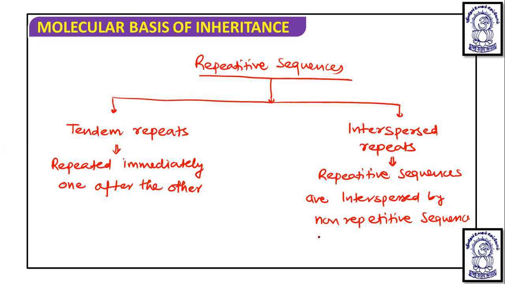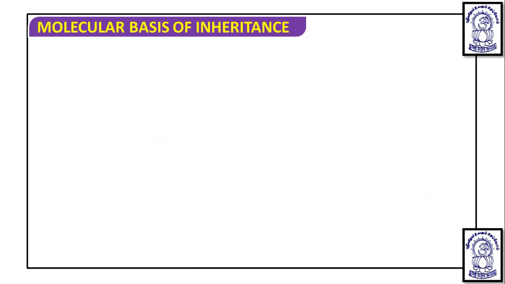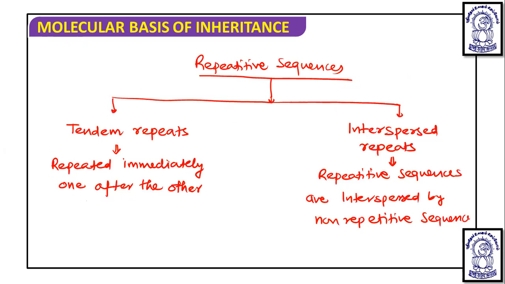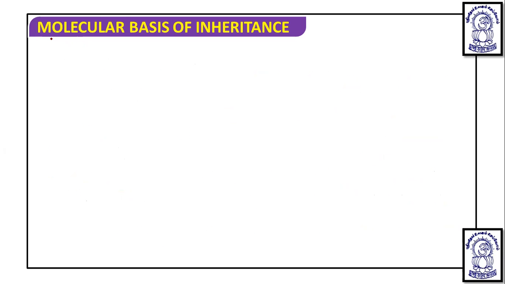Now, apart from this, there is palindromic DNA also. Another property we are going to talk about, after repetitive DNA, is palindromic DNA.